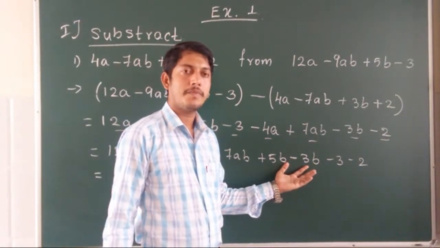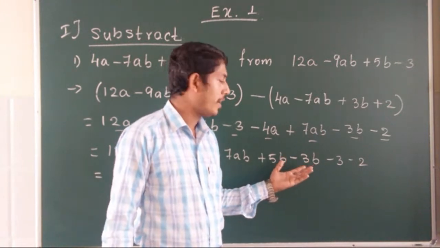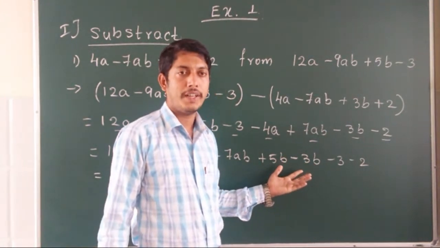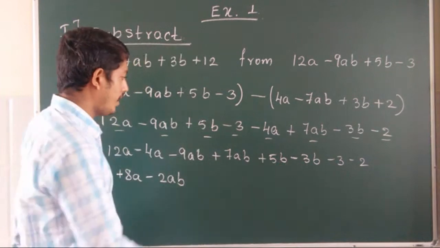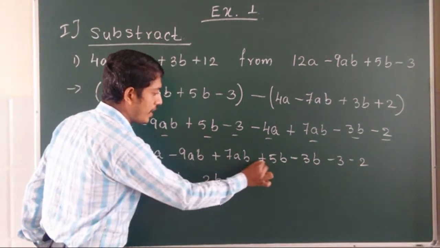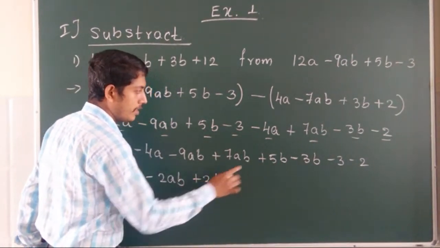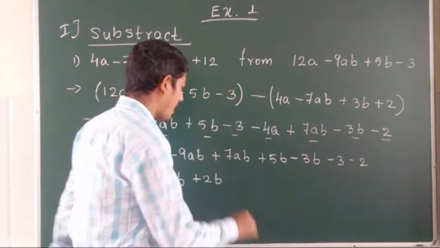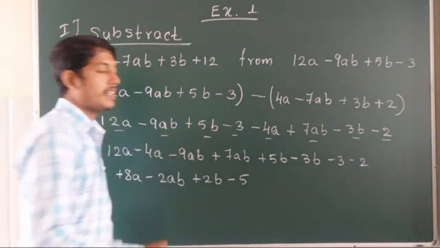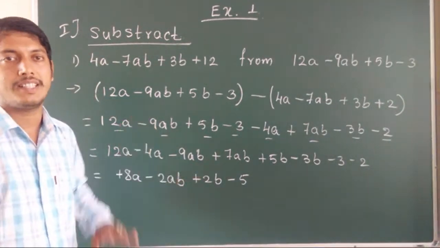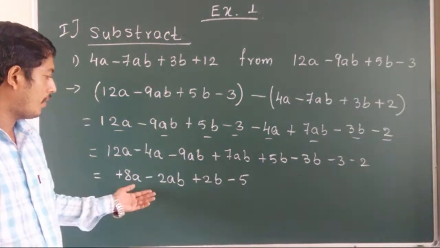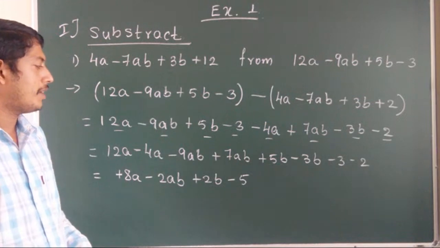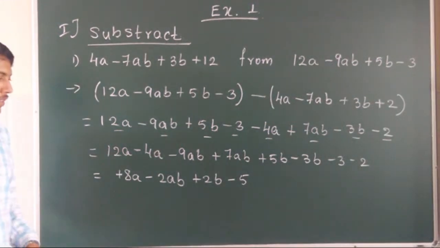The variable is b, so they are like terms, and we have to subtract here because the signs are different. So 5b minus 3b becomes 2b, and the sign of the highest term is plus. The next two terms, minus 10 and minus 12, become minus 22. Both have the same sign, so we add along with the same sign. So our answer is 8a minus 2ab plus 2b minus 22. Just verify your answer.